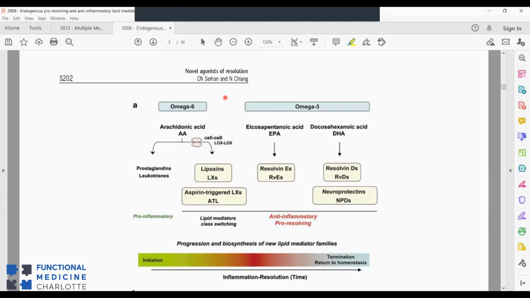So back to pro-resolving mediators, what the scientists discovered is that omega-3s break down into different forms of resolvins, okay? EPA, which is the most anti-inflammatory parent omega-3, breaks down into E-series resolvins, and DHA, which is also an anti-inflammatory omega-3 and is key to brain health, breaks down into D-series resolvins and neuroprotectins.